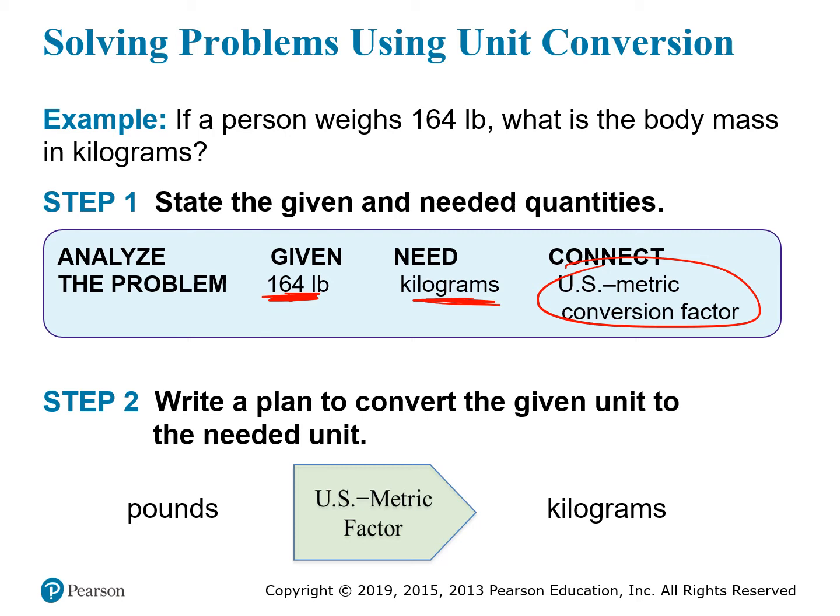The plan in step 2 is very simple for a case like this, but later on when we see that you need to chain together multiple conversion factors, it can be a lot more useful to understand this plan ahead of time. For now, all we need to know is that you can take pounds, multiply it by a conversion factor, and you'll end up with kilograms.